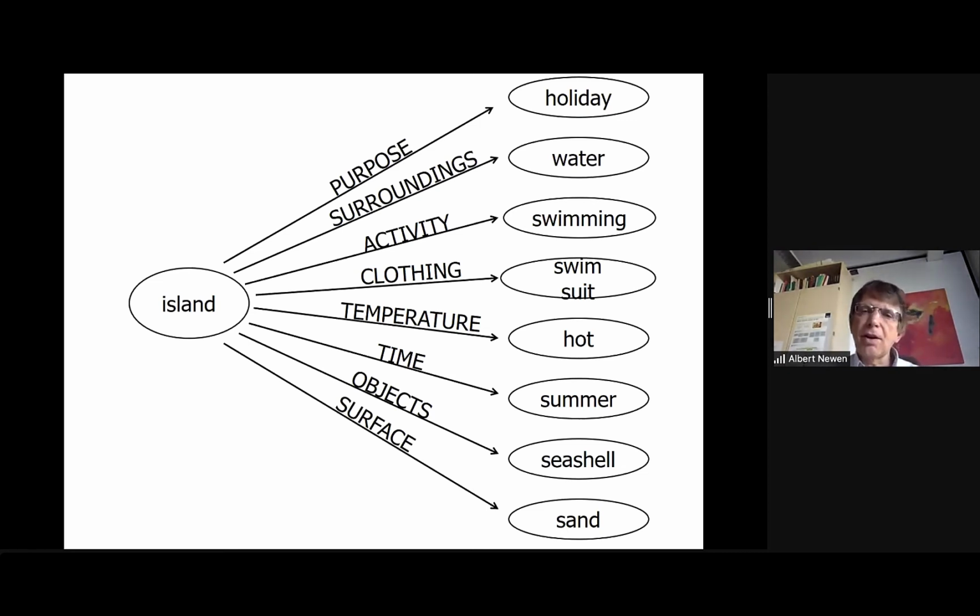So if we have a conceptual representation of island, then in a very primitive representation, which may even be non-conceptual at the beginning, the information is just clustered, associated, so that you can do the activity of swimming, that there is a typical temperature of being hot, that there is a typical surface of sand, and so on. They are unstructured, associated information.